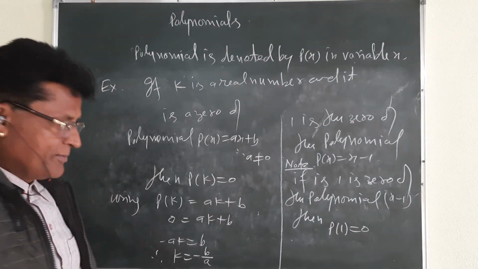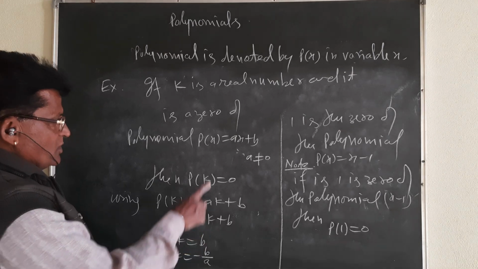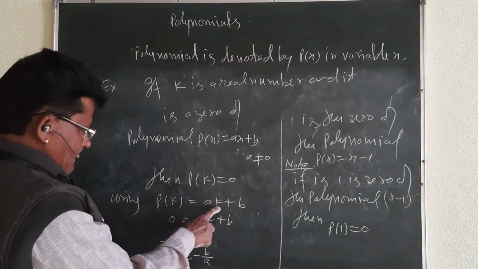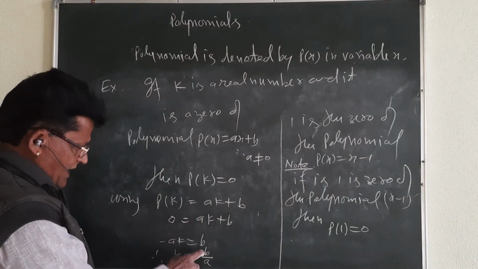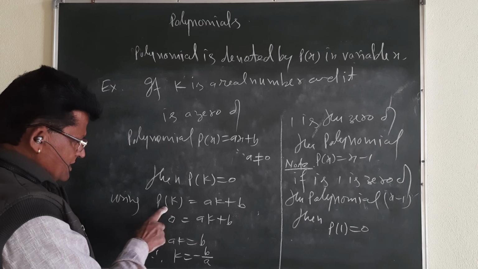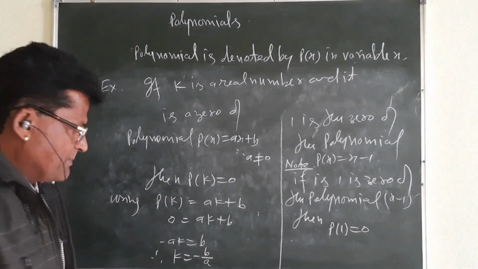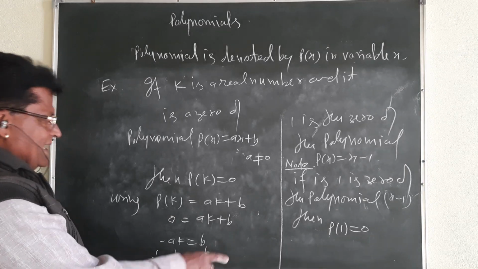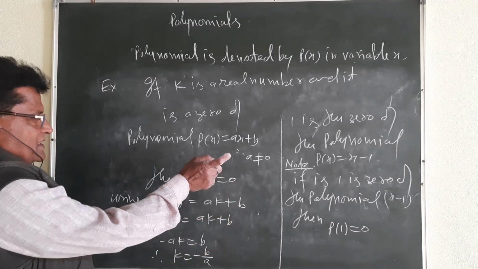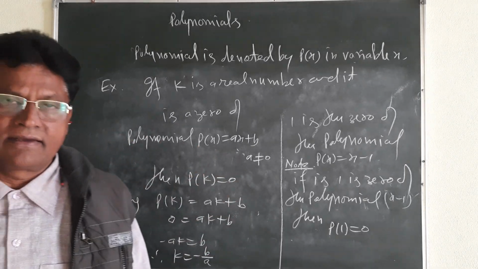If in place of k you write minus b upon a, then its value becomes 0. That is why minus b upon a will be the zero of this polynomial.